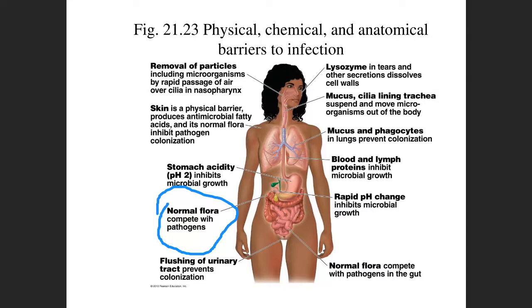So now you understand you shouldn't cry too much, and you certainly don't want to use your finger to rub your eye, because that's you bringing bacteria to your eye. These are the features that form the natural barrier.